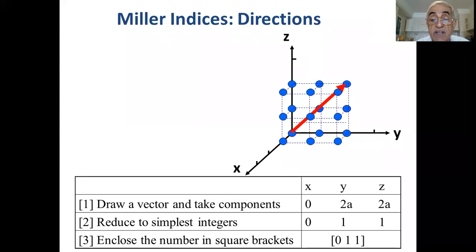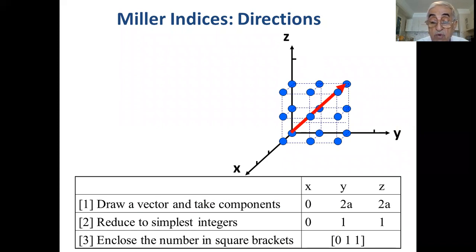Miller index directions. Here, in these coordinates x, y, and z, a crystal lattice structure is seen. The information is given for x, y, z together with the Miller index [0 1 1]. Here x is 0, y equals 1, and z equals 1.